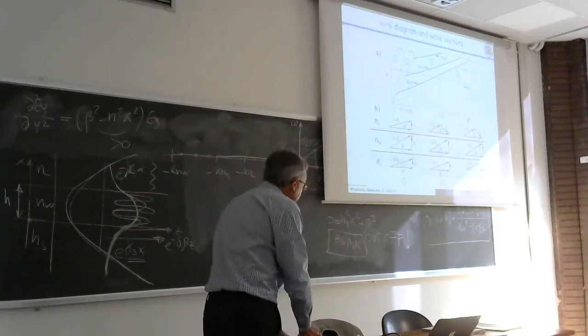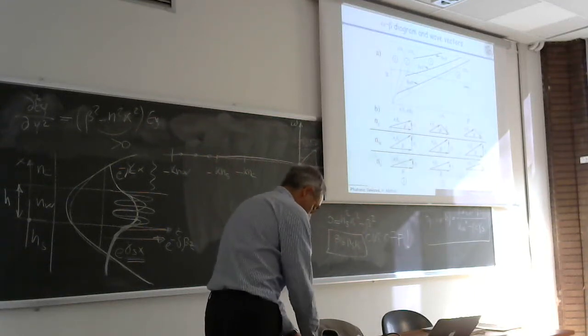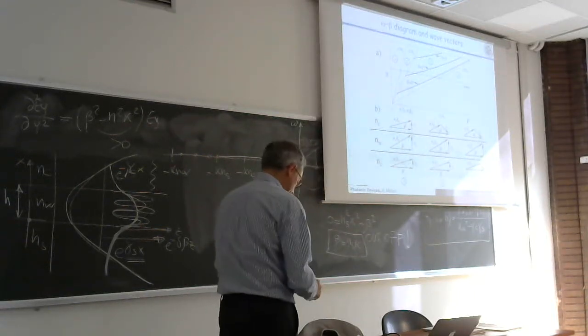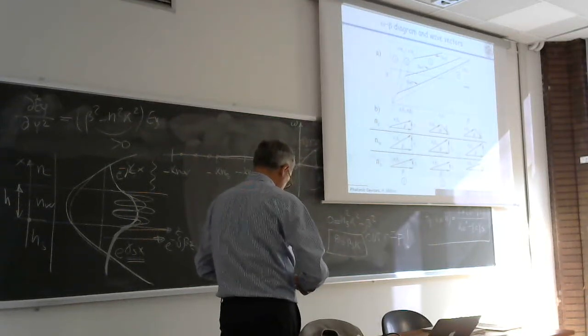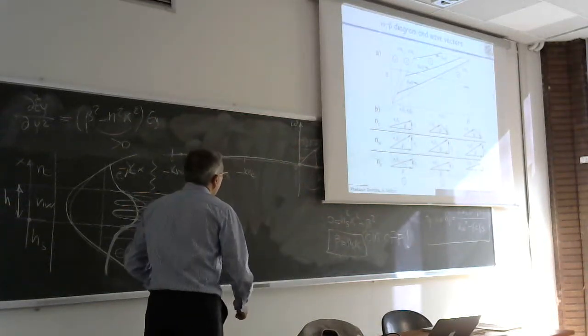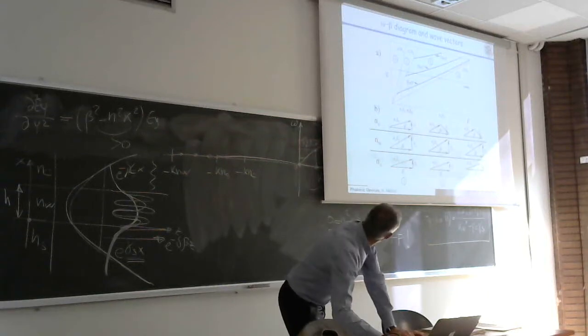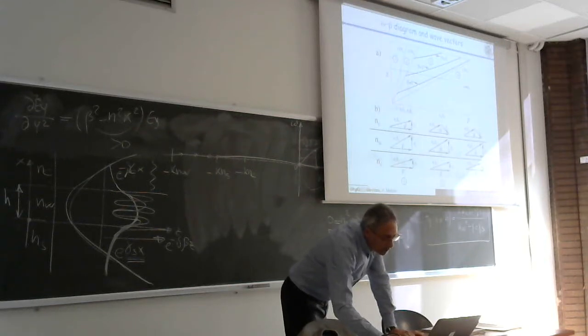So this is the omega beta diagram. This is the beta axis, only positive.